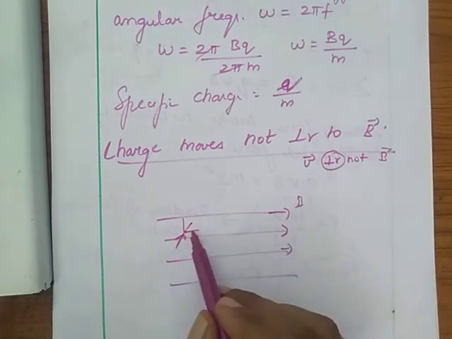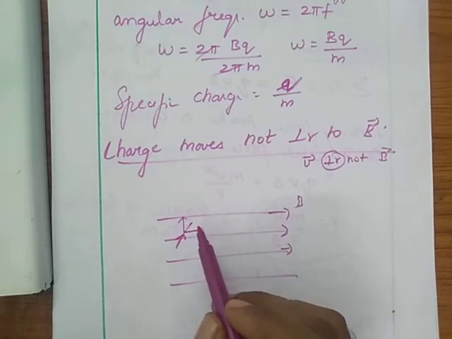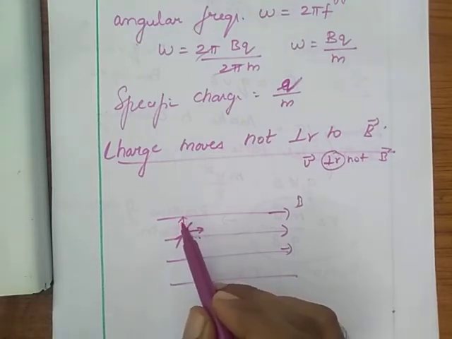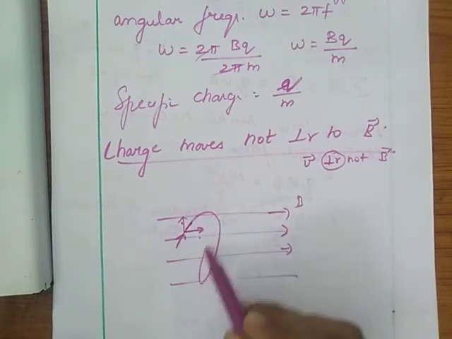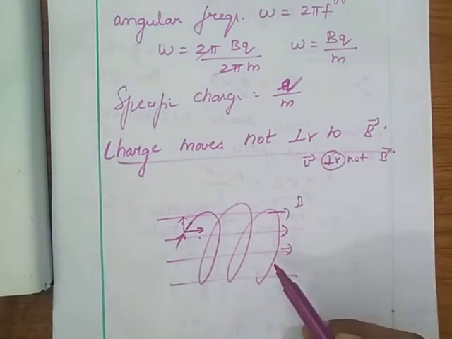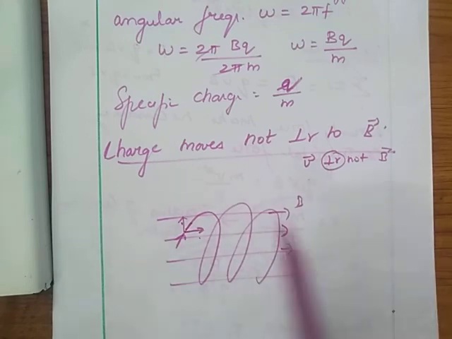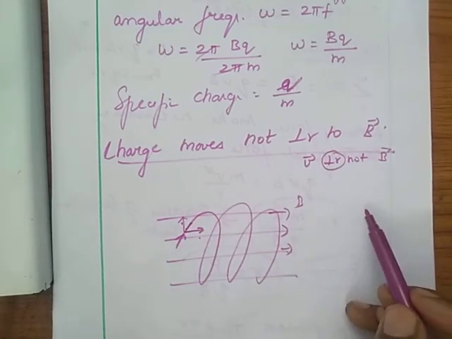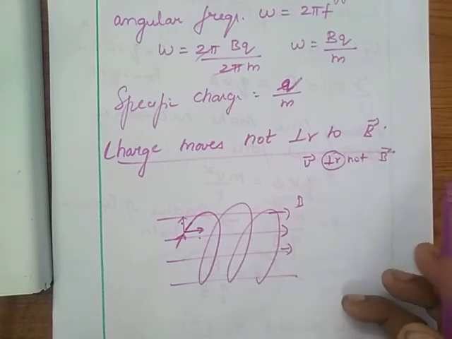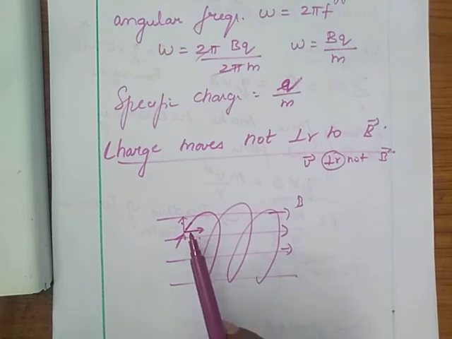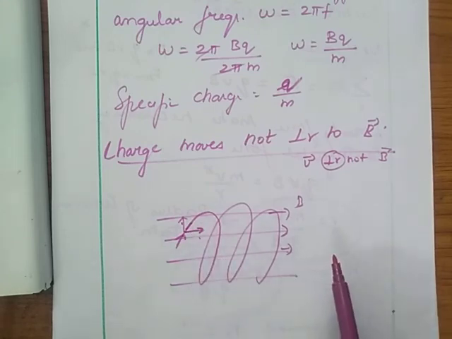So the velocity is split into parallel and perpendicular components. The parallel component with the magnetic field does not change, but due to the perpendicular component, it experiences a Lorentz force. Experiencing that force, it attains a helical path. But if we move the charge with velocity v perpendicular to the magnetic field, it attains a circular path. In this case, it attains a helical path.